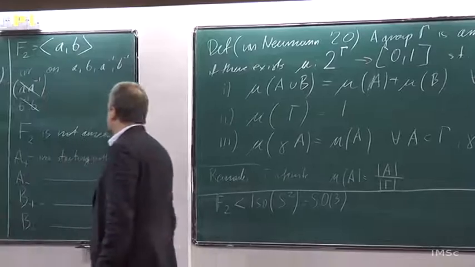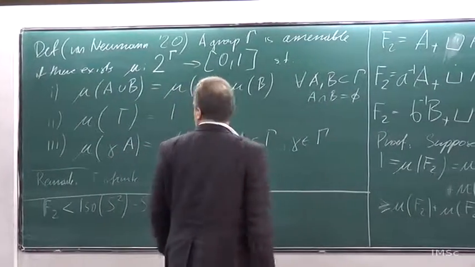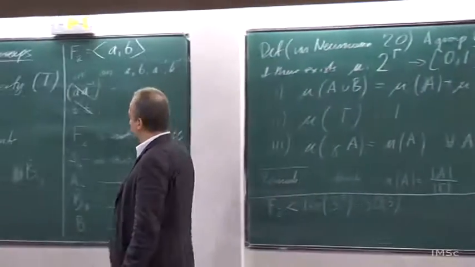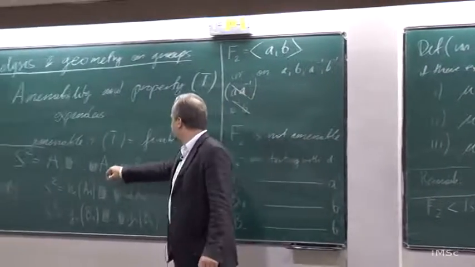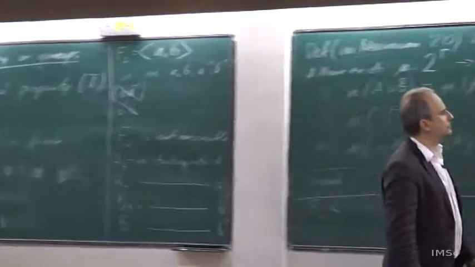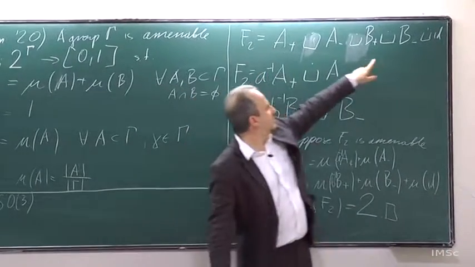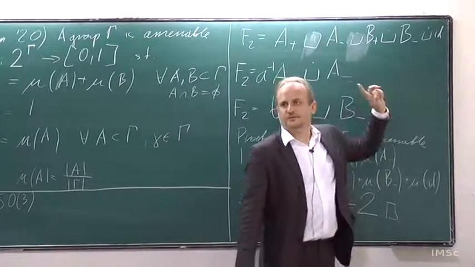Okay, and if you want to understand what is the right number of pieces, first of all, you should do this decomposition of F2 with just 4 pieces.